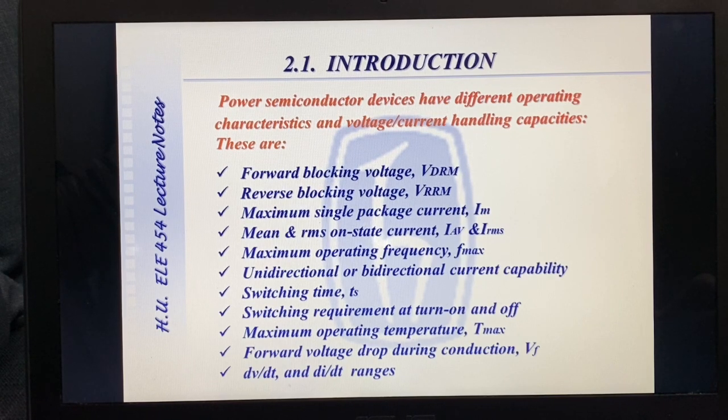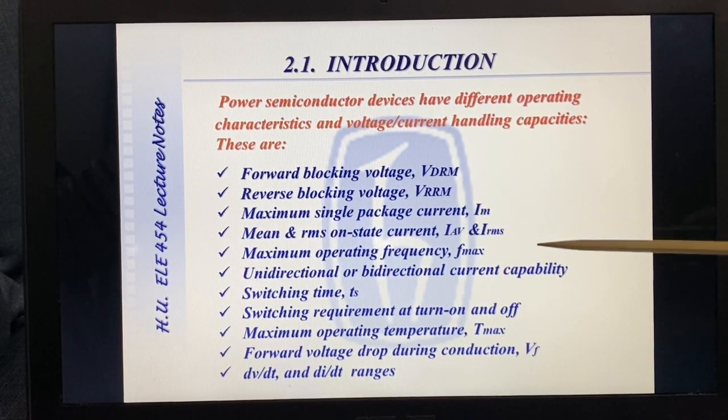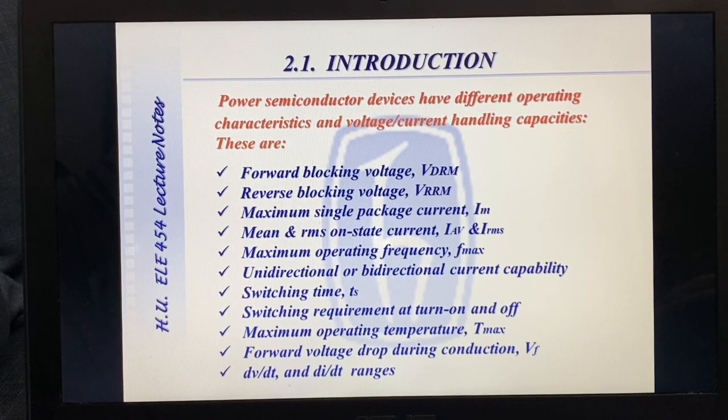With a safety margin, you should choose the VDRM value. Reverse blocking voltage: how much reverse blocking voltage will it see? Maximum single package current, mean and RMS on-state currents as well. According to these current ratings, you should choose again.